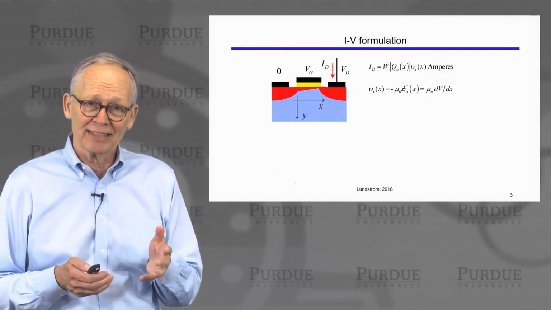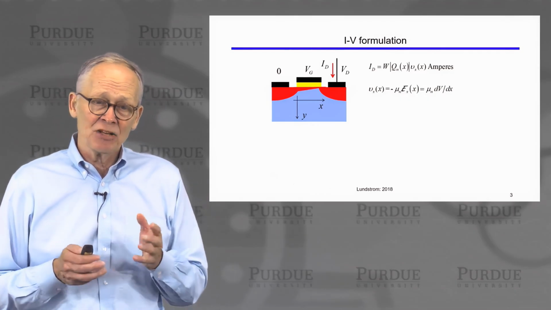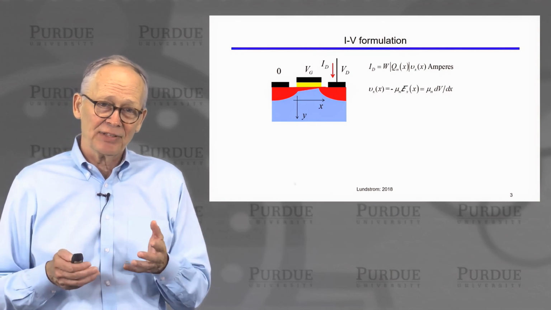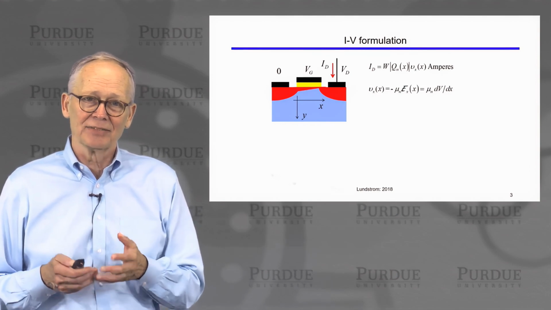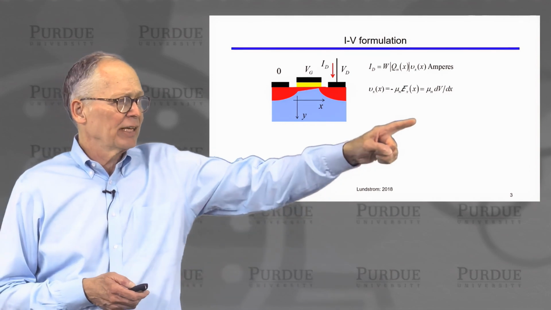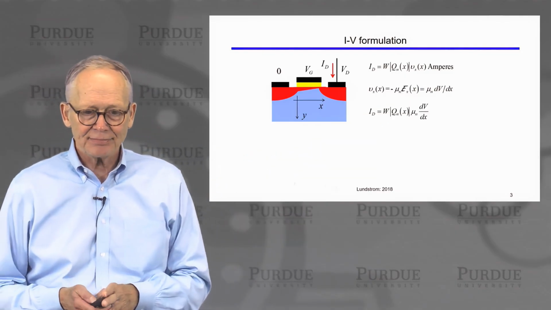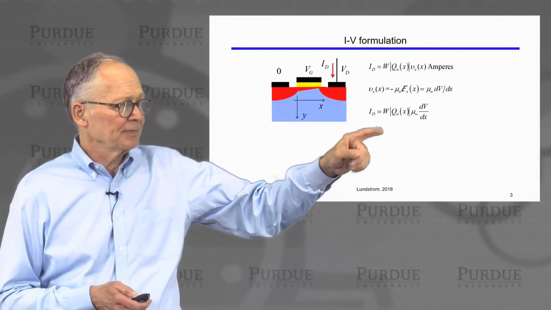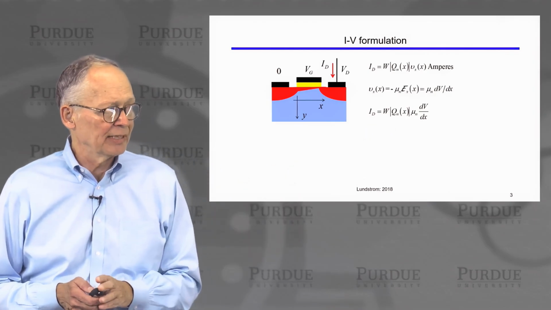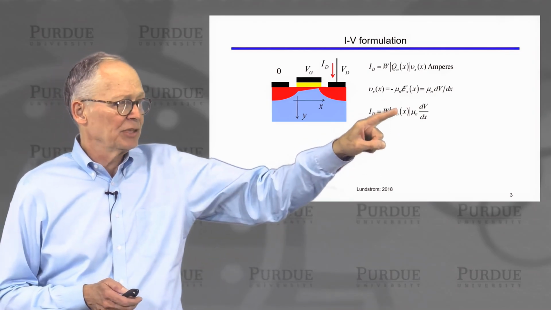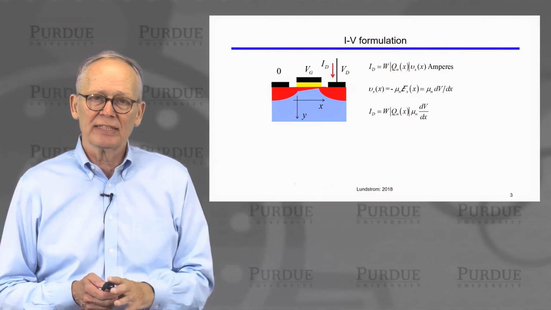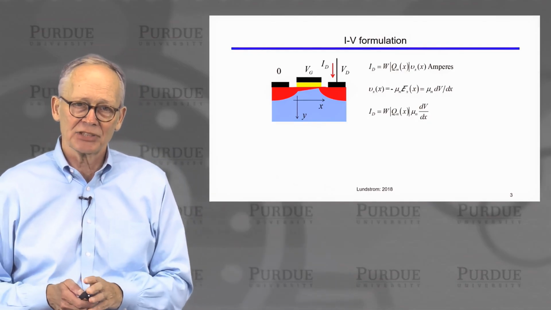The charge carriers are negatively charged electrons. And you may remember that electric field is minus the gradient of the electrostatic potential, so I can also write the velocity as proportional to dV/dx. All right, I put that together, and then I have an expression for the drain current in terms of the charge, the mobility, and the gradient of the electrostatic potential.